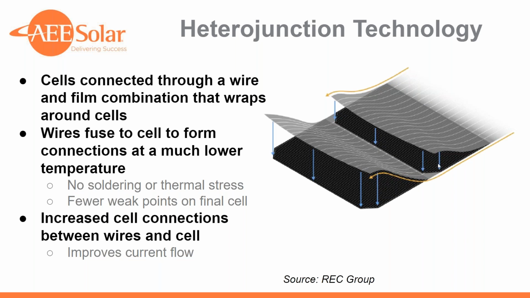And then lastly, as I mentioned, by increasing the amount of cell connections between the wires and cell, you're improving the current flow. You're providing some redundancy on those current flows, reducing the parasitic losses at each one, and the end result is higher wattage and increased efficiency in the same format. So going back to the beginning here, a good example of new technology.